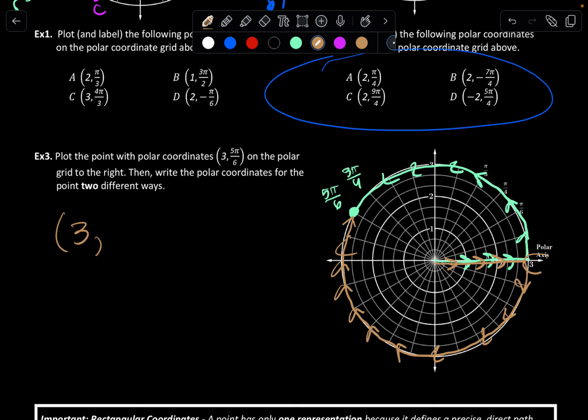I started at, we can say, 2 pi, and now I want to subtract, or go in the negative direction. So I can also look at this as, what if I start at 5 pi over 6, and then I go around and I subtract 2 pi. So that's one way to find out what this angle is.